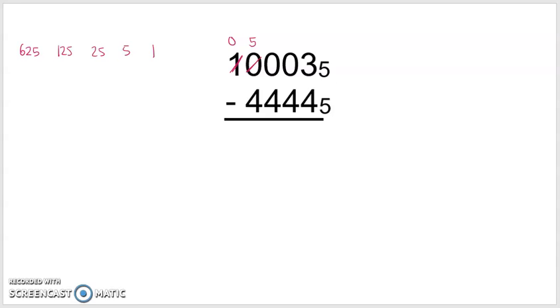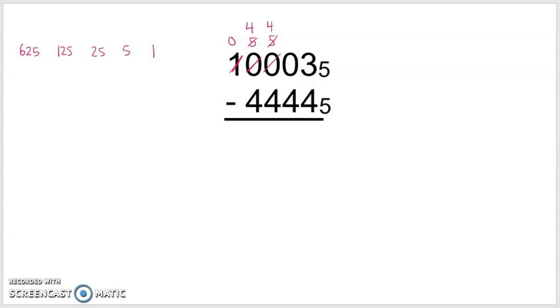All right, but remember, I'm trying to borrow all the way down to the 1s, so I need to borrow to the next column. So I'll take away 1 from here. So there's 4 125s, and that gives me 5 25s. I need to borrow again, so I'll take one of those 25s, which leaves me with 4.